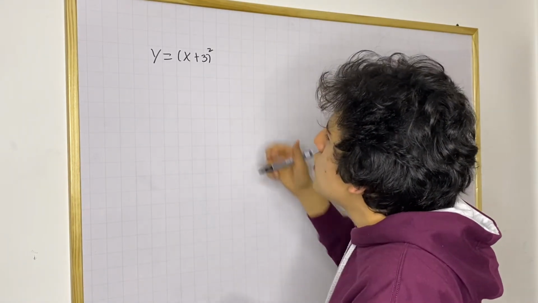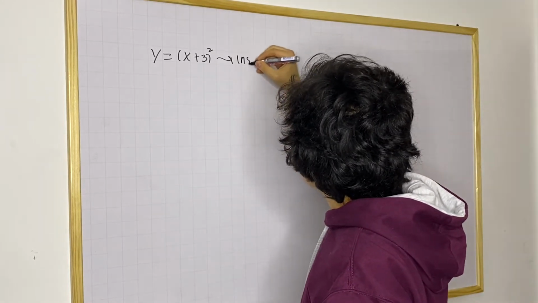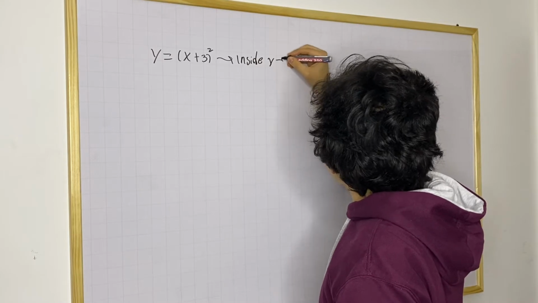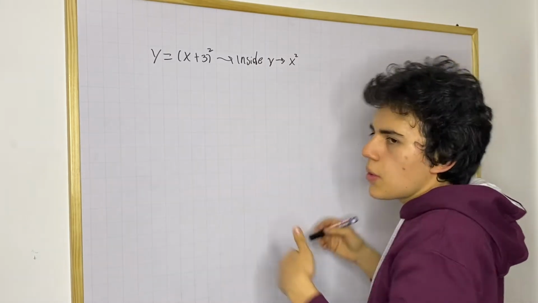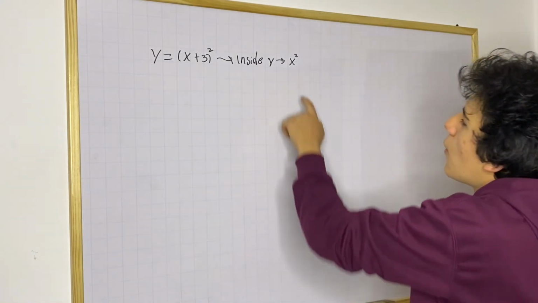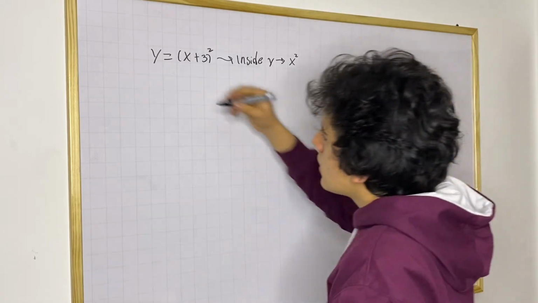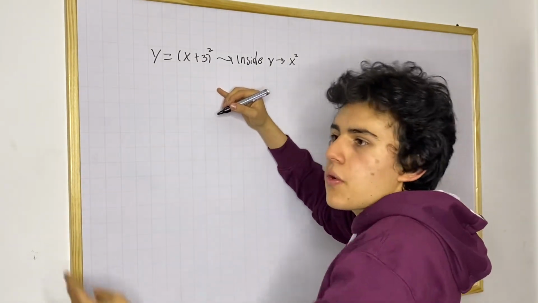Now, what I want to do is, we know inside of y, so I'm going to write it inside y, we've got x², okay? We've got any number that we want squared. Now, what is our input going to be in this case? Our input is going to be x + 3, which is another function.